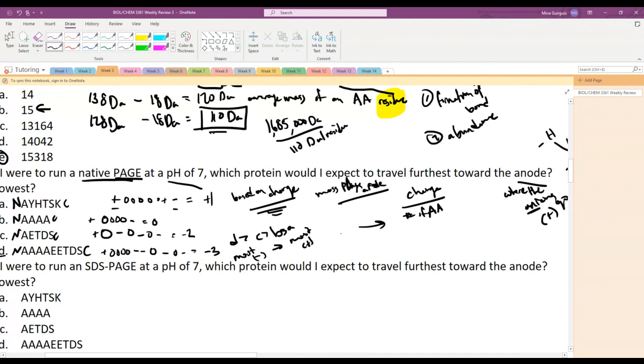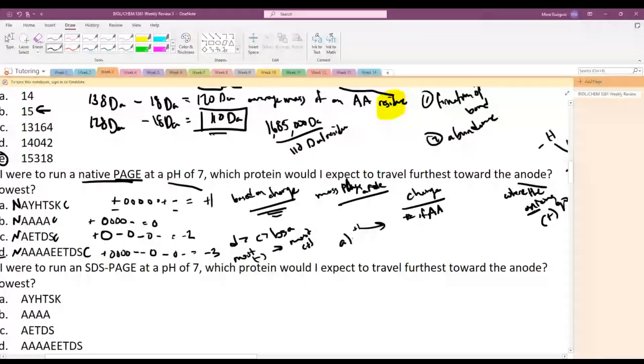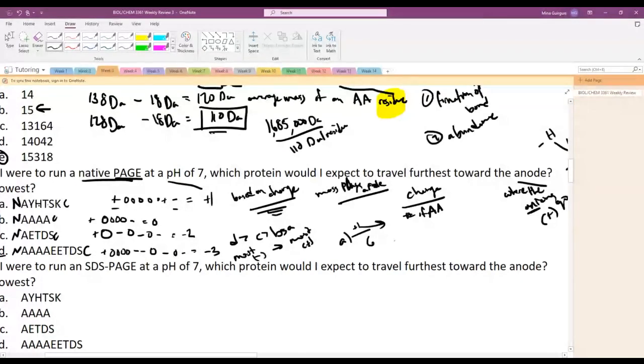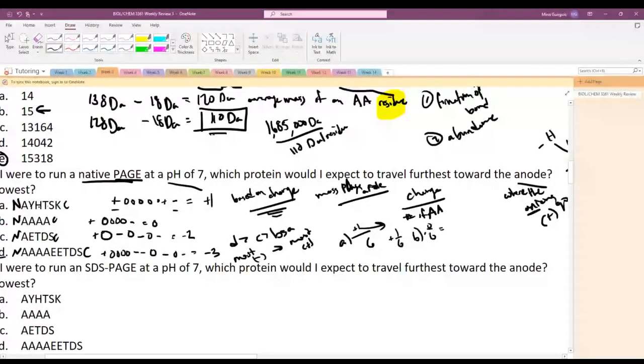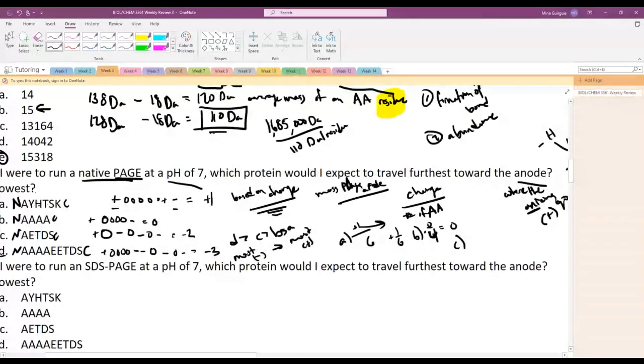So what I'm going to do is say A is a charge of +1 over a mass of 1, 2, 3, 4, 5, 6 amino acids. Okay, so A is +1 over 6. B is 0 over whatever, so it's going to be 0. And, oh, it's 4, excuse me, not 6. So it's going to be 0. C is 5 amino acids and a charge of -2.